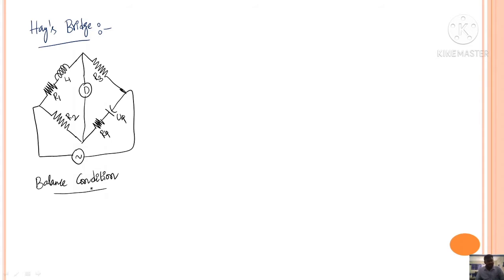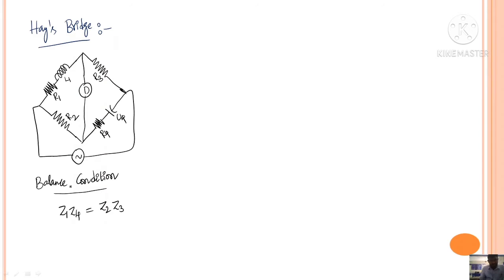It is very difficult for every bridge to remember the balance equations. That is the reason why you need to know the generalized balancing equation, which is Z1 into Z4 is equal to Z2 into Z3. Now what is Z1?